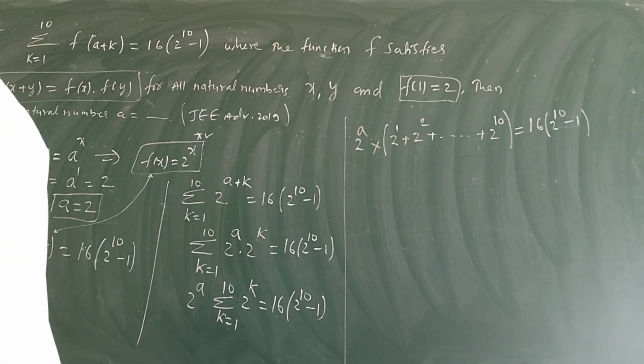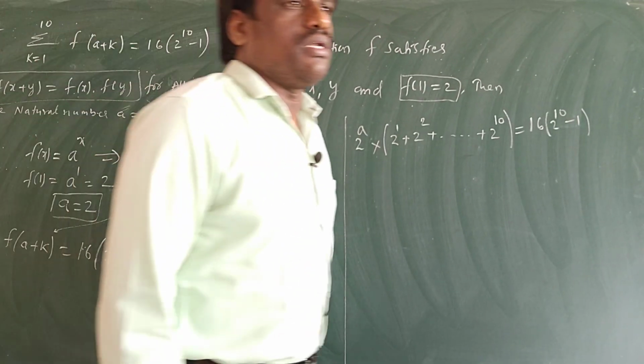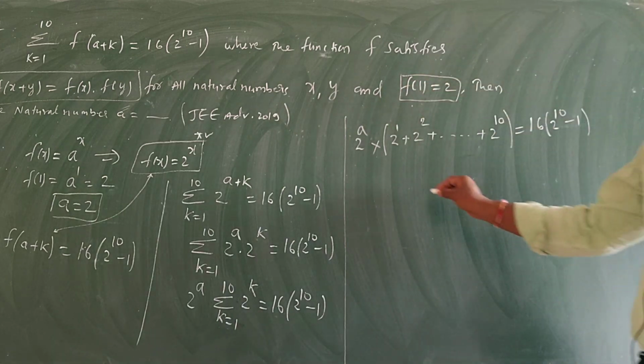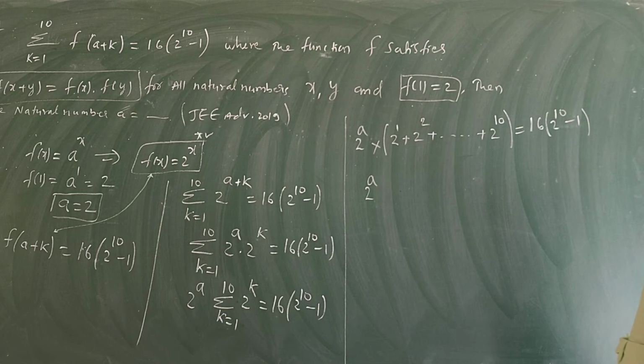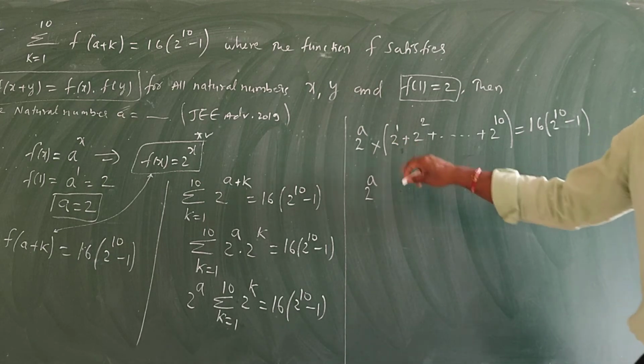Yes. Now we have to simplify this. So what do you write here? 2^a into, this is the sum of a GP. The sum of a GP formula is a(r^n - 1)/(r - 1), because r is greater than 1.